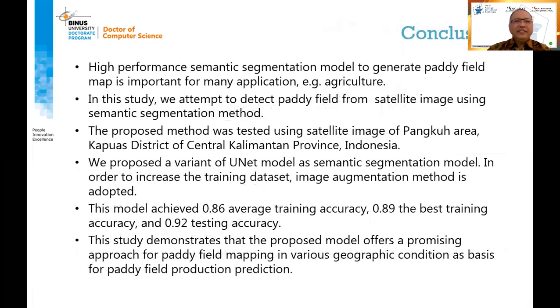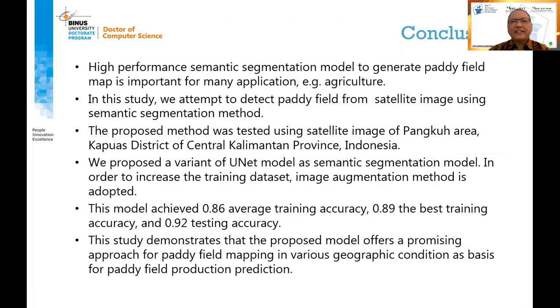So as a conclusion, a high performance semantic segmentation model to generate paddy field maps is important for many applications. In this study, we attempt to detect paddy fields from satellite images using the semantic segmentation method. The study location is in the Pangkuh area, Kapuas district of Central Kalimantan province.